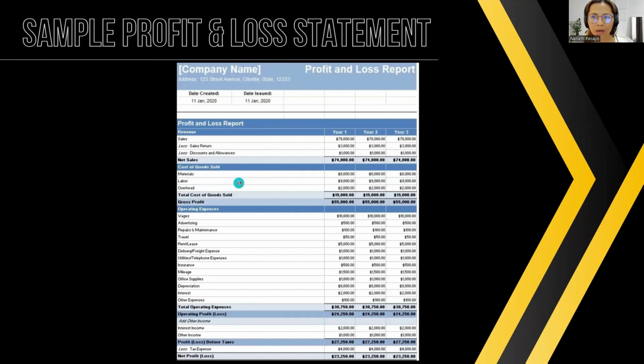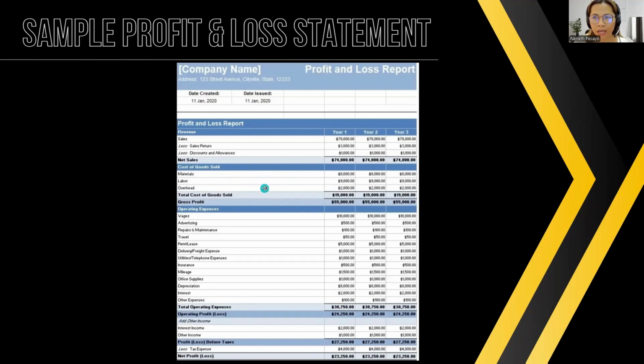The labor here is if you use those materials to create another product, that will be the cost of labor. Labor means the cost of the employees, the salaries that you paid to them, so the product will be available for sale.